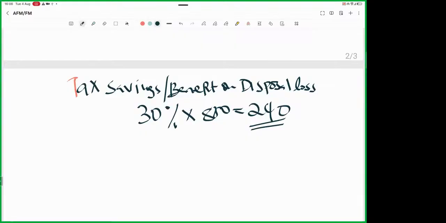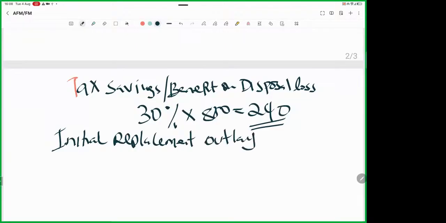It is at this juncture that I need to come and give them what we call the initial replacement outlay cost. How much? Am I going very, very fast really?